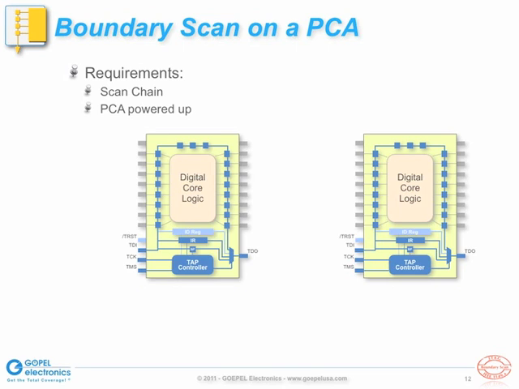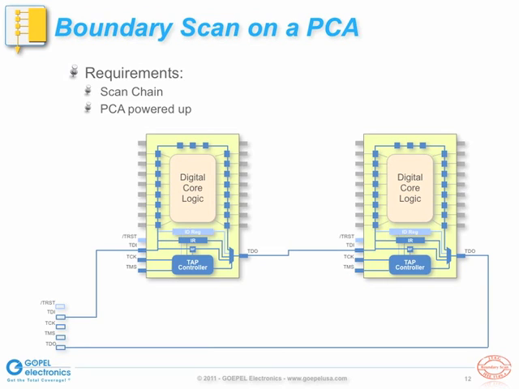Let's assume we have two boundary scan devices on the unit under test. The TAPs of these two devices need to be accessible for the test system, either through a test bus connector or through test points. In order to create a daisy chain, we connect the TDO of the test system to the TDI of the unit under test and to the first device, respectively.